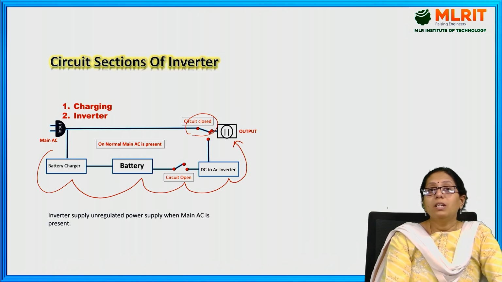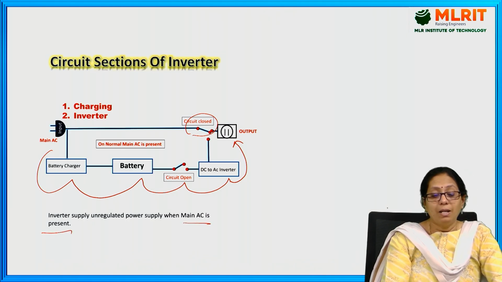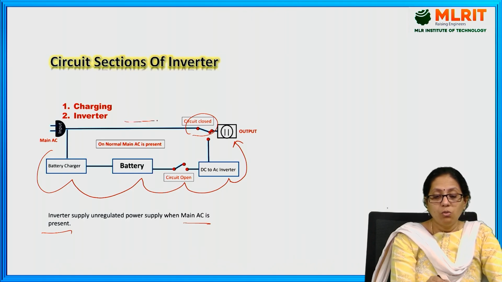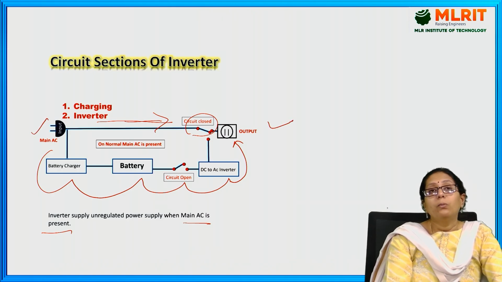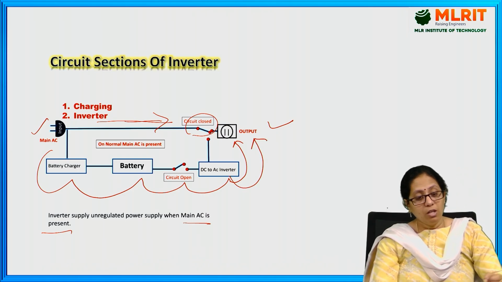So the inverter supplies unregulated power when the main AC is present. That means when there is no fault, when there is power supply, the current flows directly from the main switch to the output. And when the main switch is off, the power is taken from the power banks or battery banks.